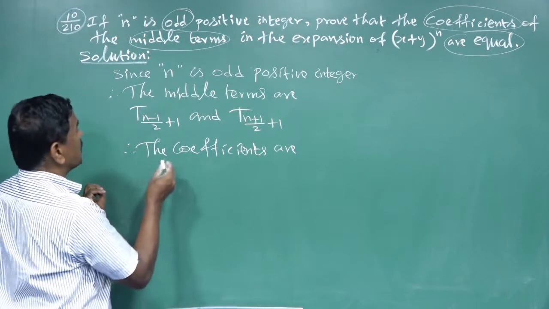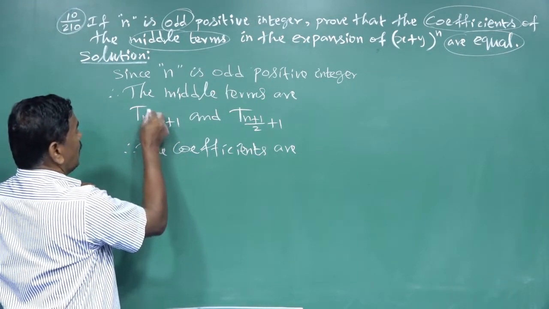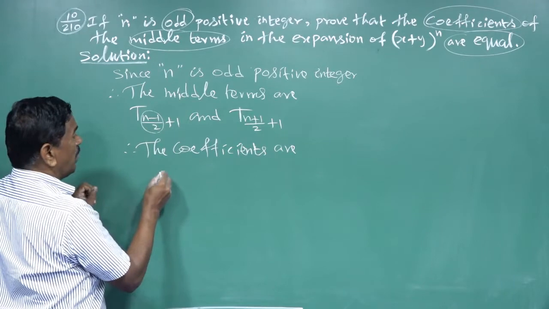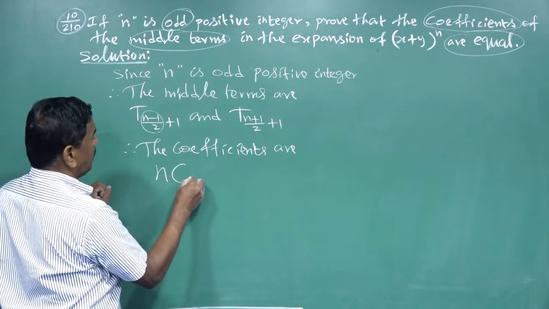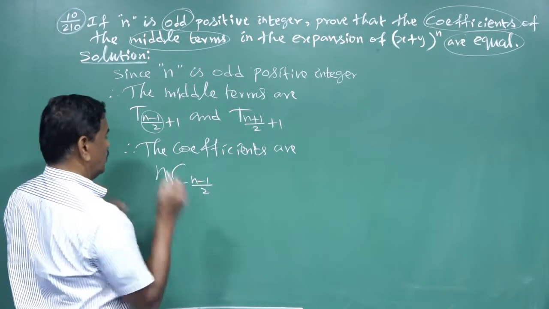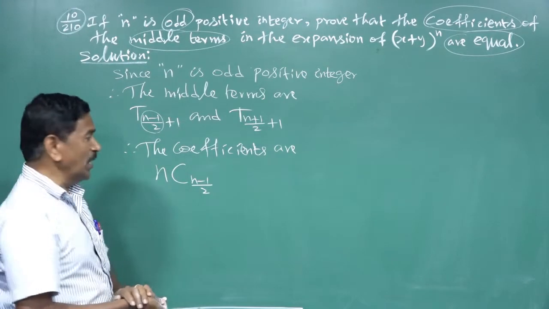Remember, the technique is very simple. Here it is (n-1)/2, that is why nC((n-1)/2), which is the one coefficient.